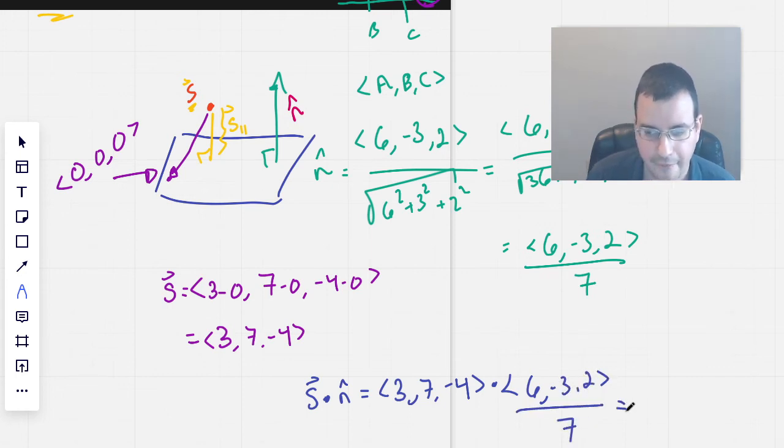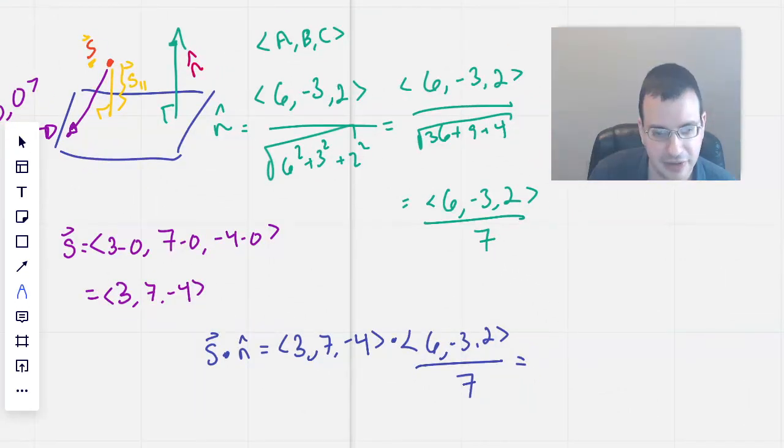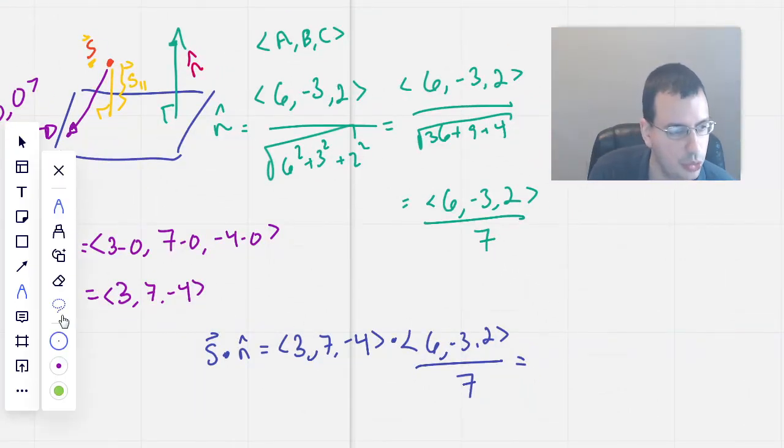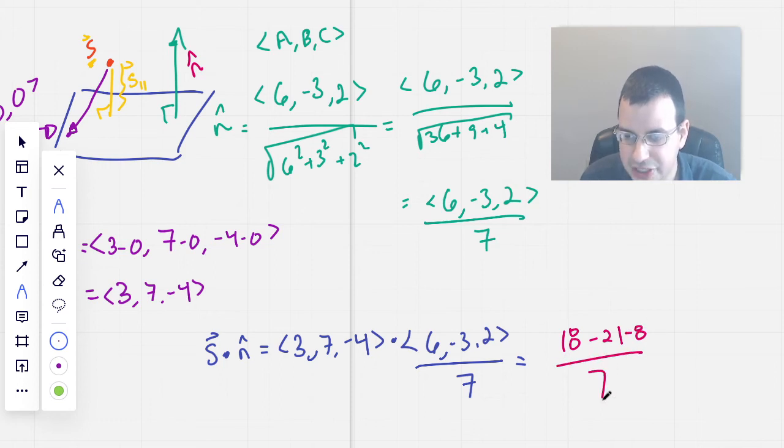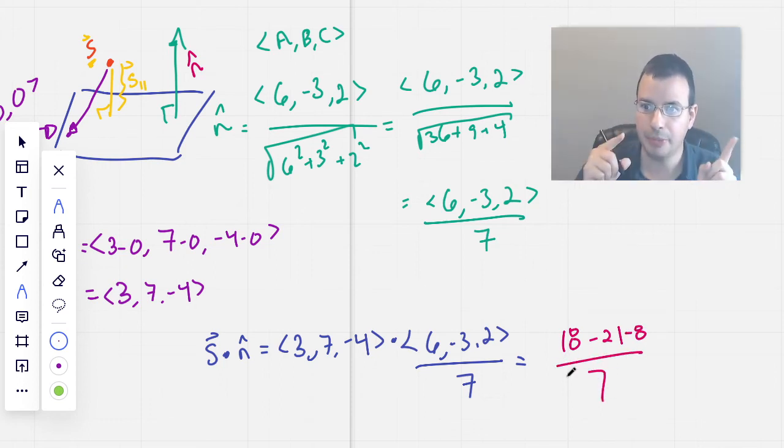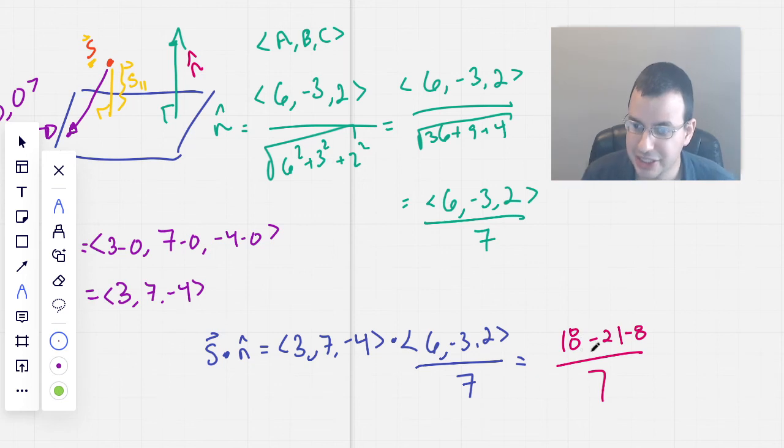This is going to give us 3 times 6, which is 18, minus 21, minus 8, all over 7, because the dot product of two vectors gives you a scalar.